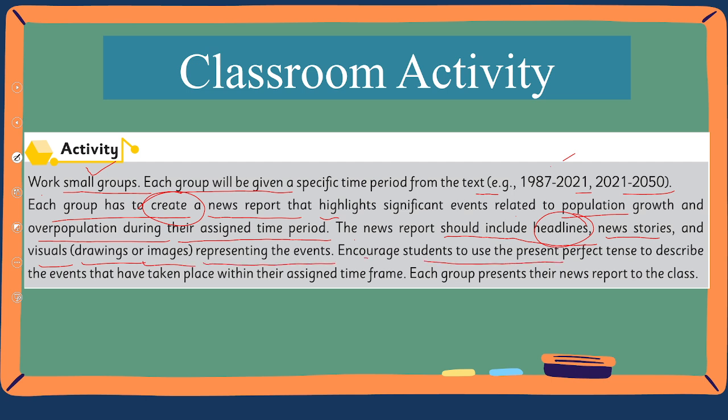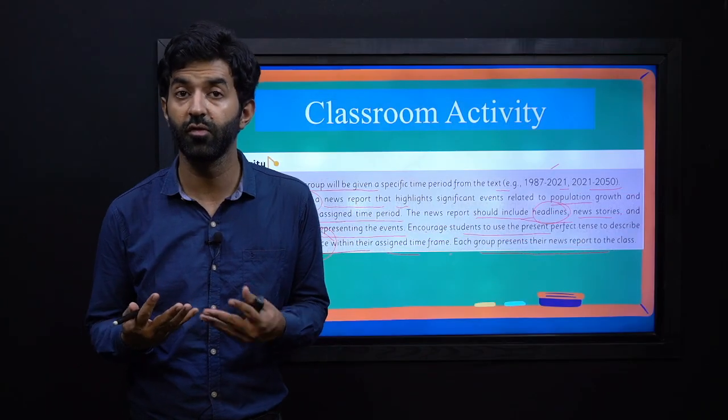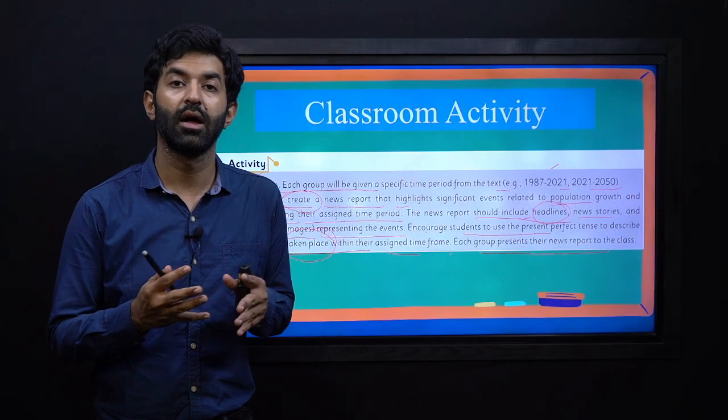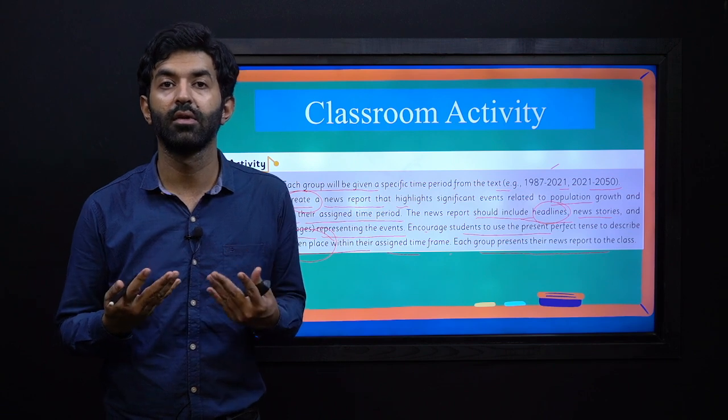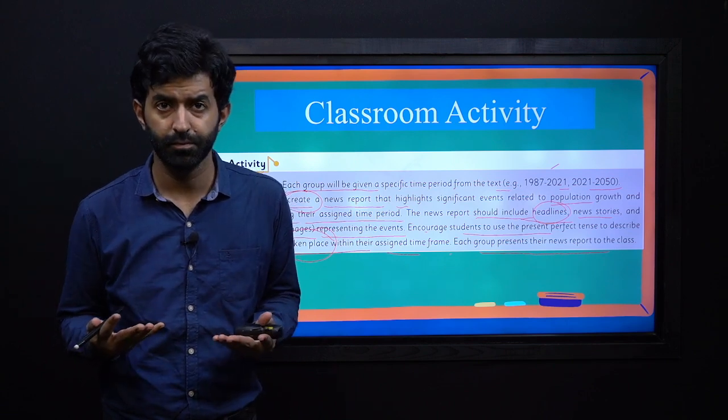Encourage students to use present perfect tense to describe the events that have taken place within their assigned time frame. Each group presents their news report to the class. So we are going to use present perfect tense for actions that have been completed in the past.